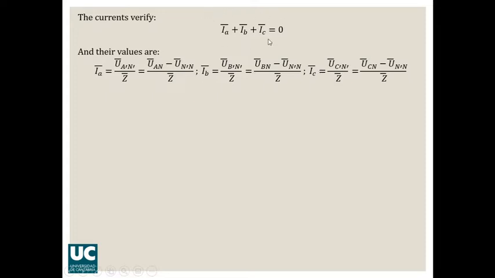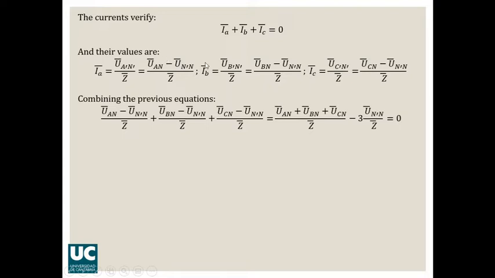As we have that the sum of the currents is 0, we can sum these three expressions, these three fractions, and the result should also be 0. Here, if you see, we have three terms in the numerators of the fractions that are equal.